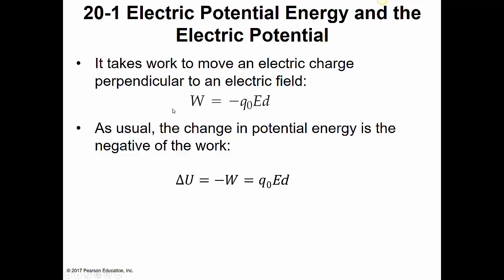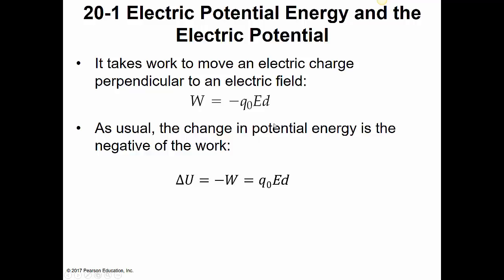So work is equal to force times distance, and consider that falling charge. The force that's causing the charge to fall is the electrostatic force, which can be calculated by the charge times E, the field strength. And that force times the distance gives us the work done moving it. And remember that in this case, it's losing energy, so the work done on it will be a negative value.